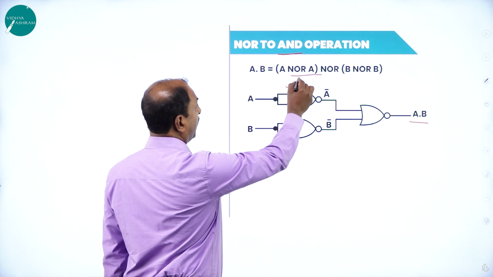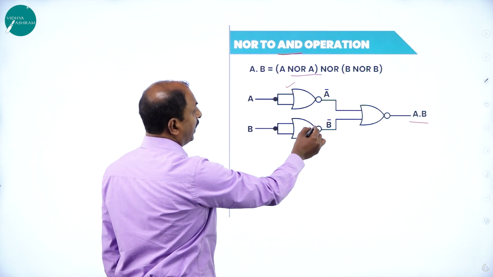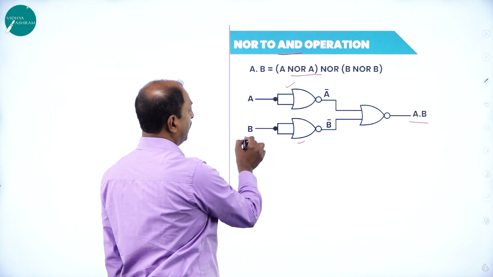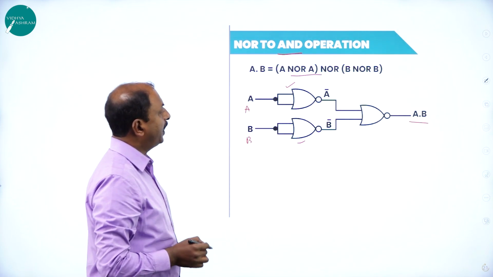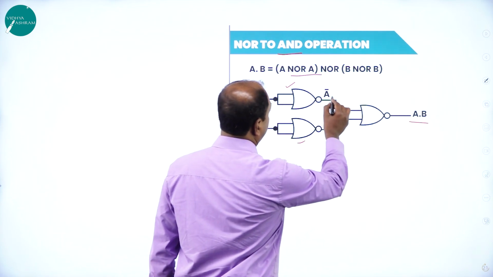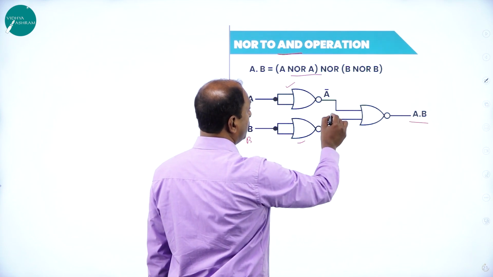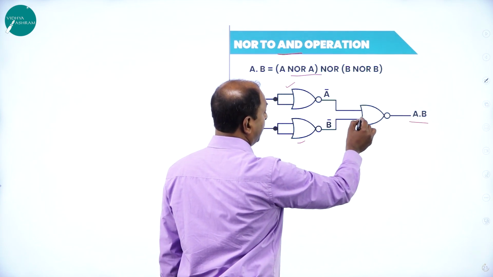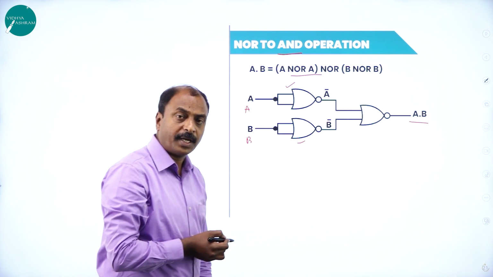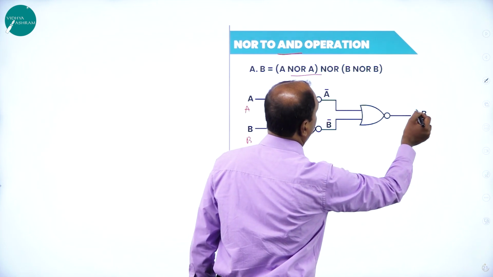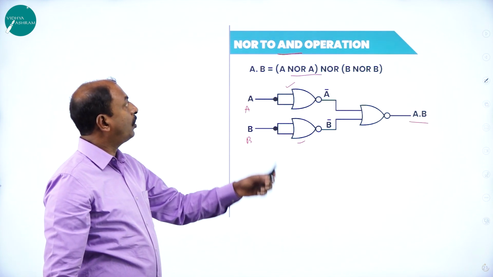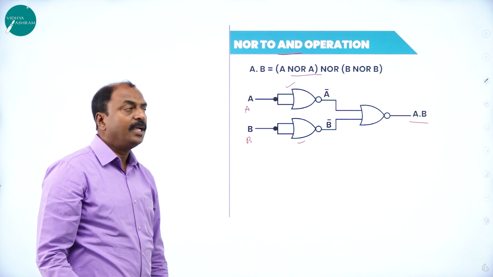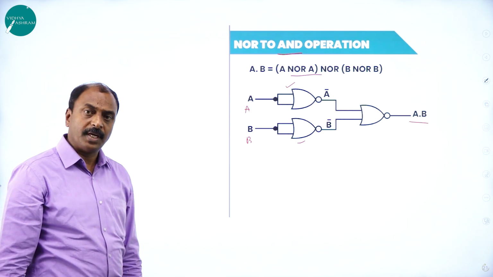So this is one gate, input is A, and this other NOR gate has B as its input. The result of these two gates goes to another NOR gate, and the output would be A and B, or A dot B. So this is how we design the AND gate through the NOR gate.